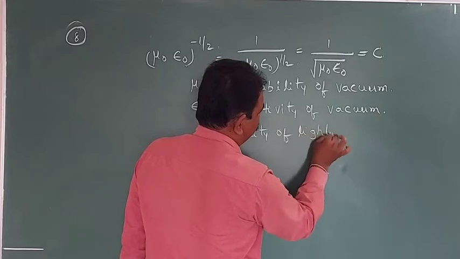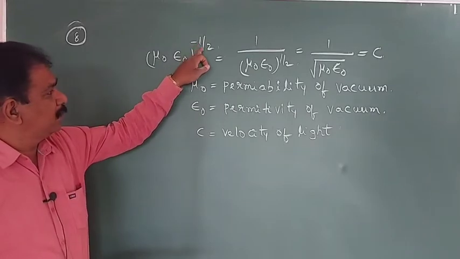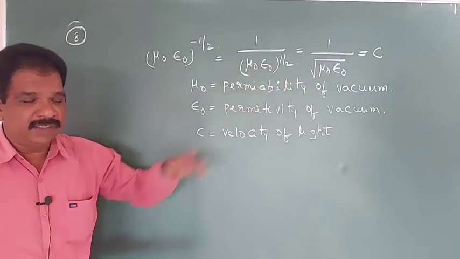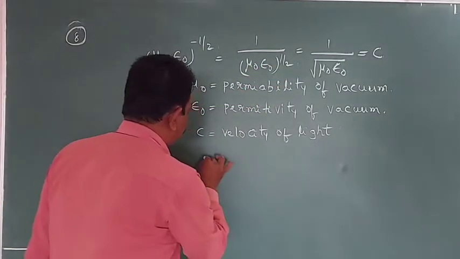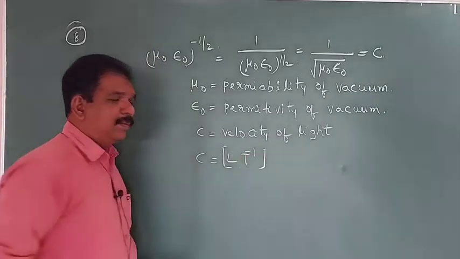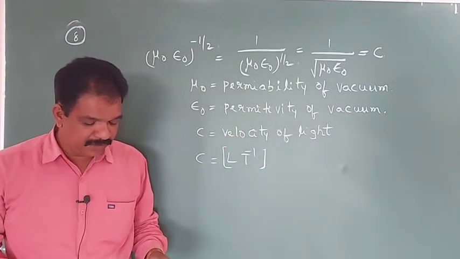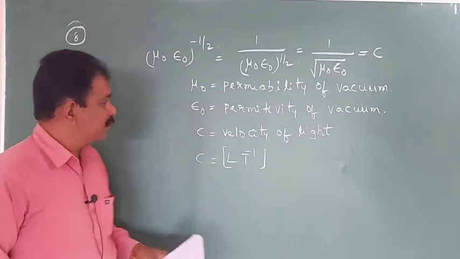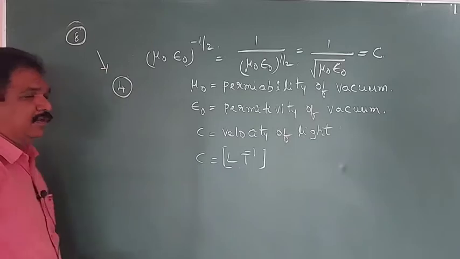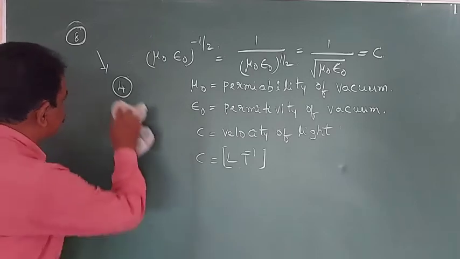All velocities have the same dimensions. So mu naught epsilon naught power minus 1 by 2 is equal to C. The dimensions of velocity are L T power minus 1. So the answer for the 8th question will be the 4th option. Clear? Understanding? Next.